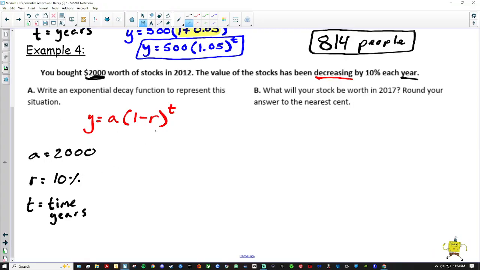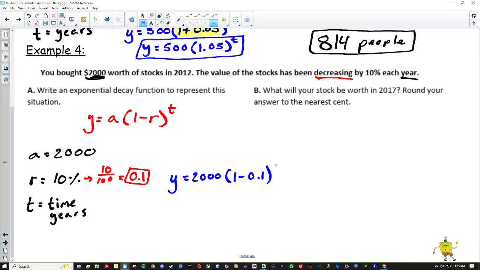Before I can plug everything in, you have to be so careful. 10%. I need this to be a decimal, so I take 10 and divide it by 100, giving me 0.1. This is what I use in my formula. So I have Y equals my start, 2,000, times 1 minus 0.1 to the power of T. Okay, I always want to simplify as much as I can.